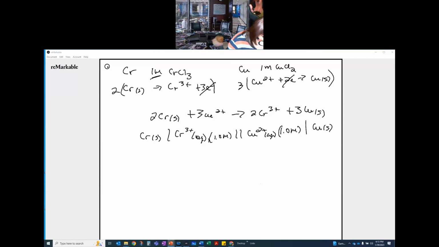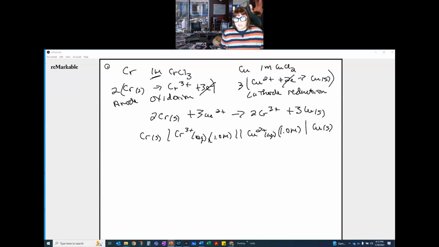Now, my anode half reaction. Lose electrons, oxidize, happens at the anode. So this is the anode, the oxidation. This is the cathode, reduction, and of course, red cat. So that's how I know what that is. That's a lot.